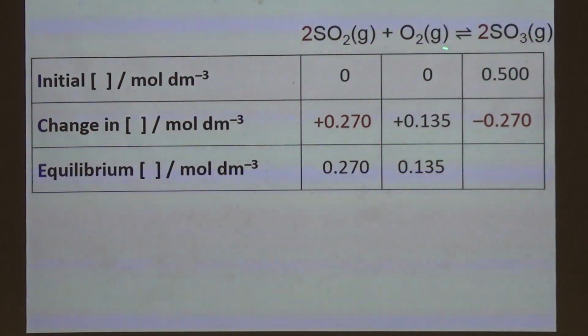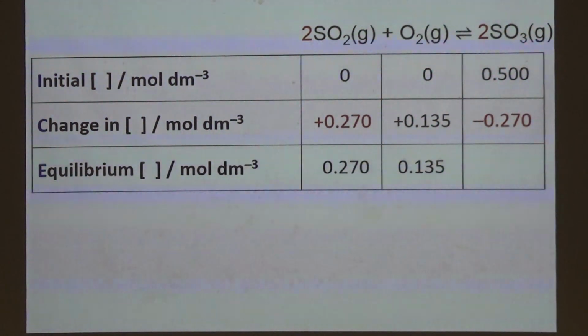If you favor the backward reaction, to form 0.270 mole per dm cube of SO2, the same concentration of SO3 must have reacted because their stoichiometric coefficient is the same.